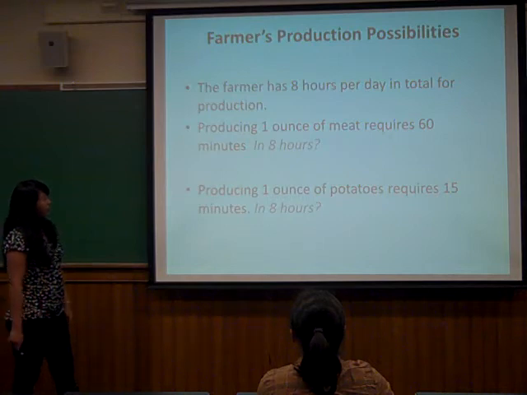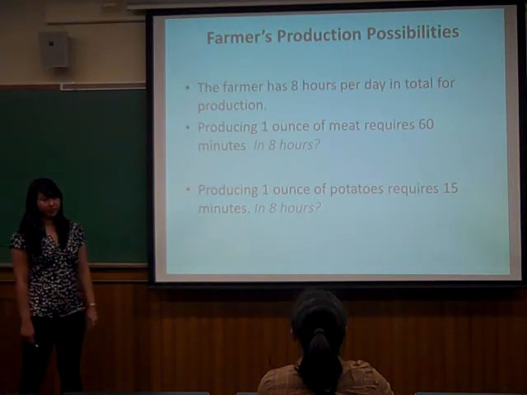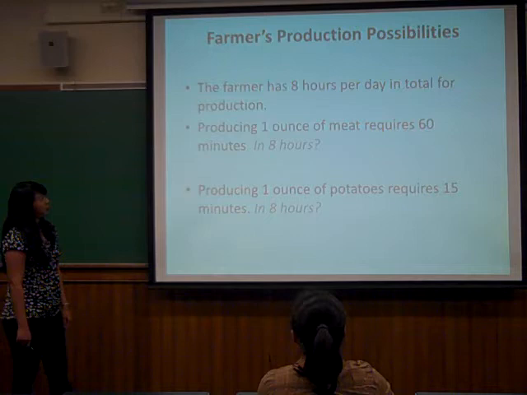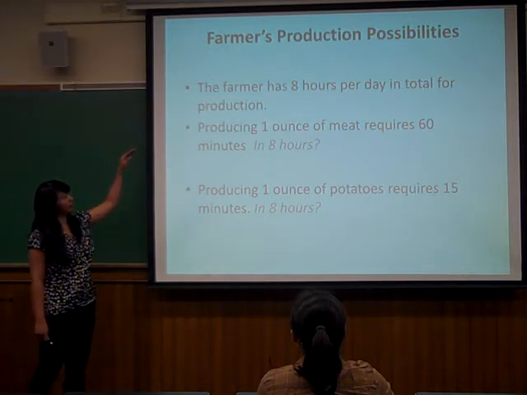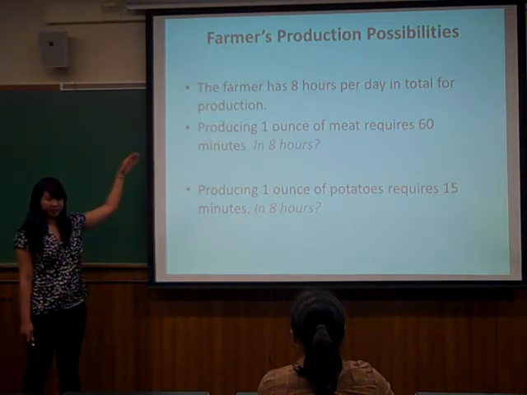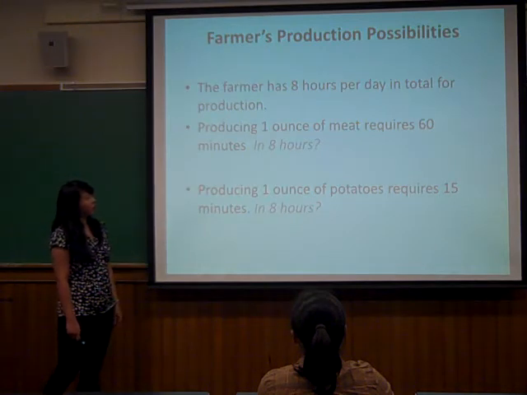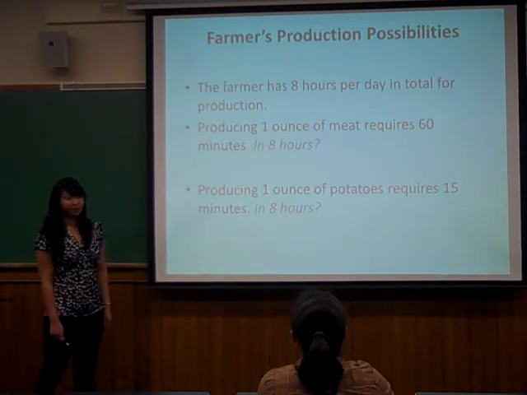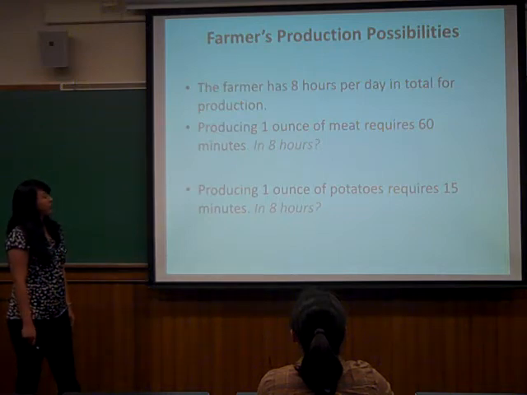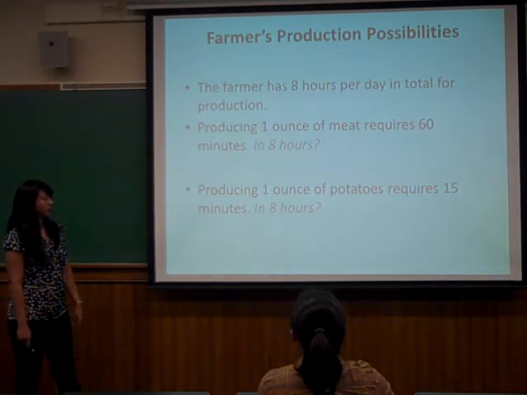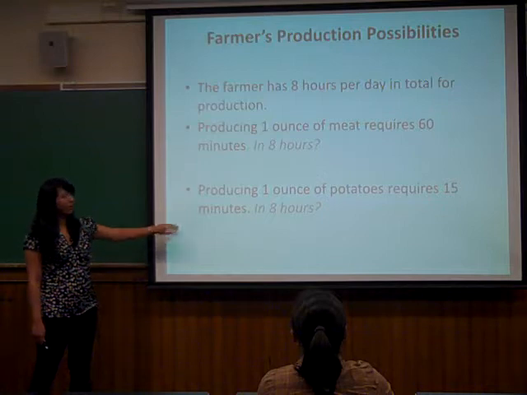First let's look at the farmer's production possibilities. Let's assume that the farmer has only 8 hours per day in total for production. Producing 1 ounce of meat requires 60 minutes, and producing 1 ounce of potato requires 15 minutes.